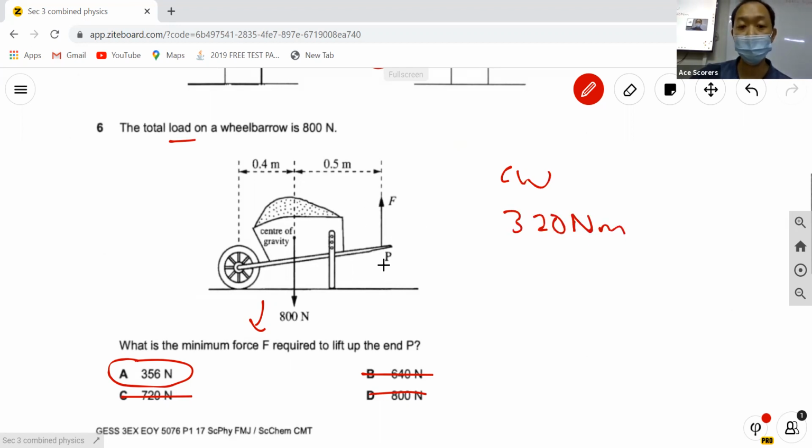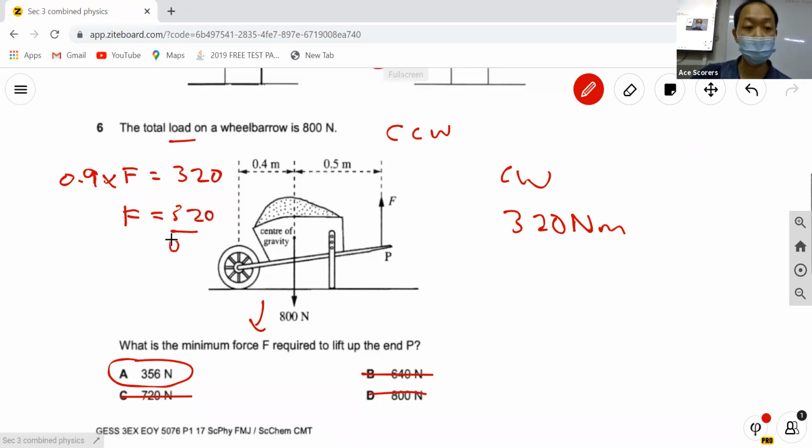Now upwards here will be this force times 0.9. So this one is counterclockwise, CCW. 0.9 times F must be equal to 320. Okay, so F equals 320 divided by 0.9.